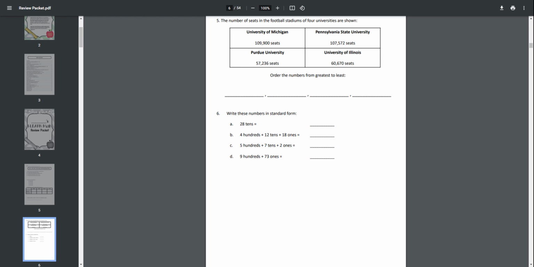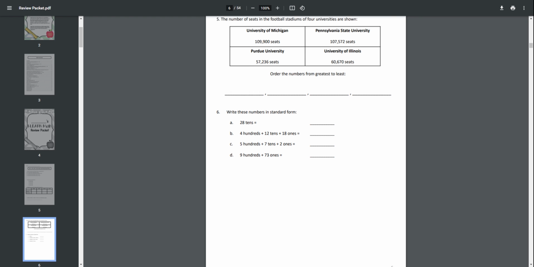So you have to take that 100 and add it on to the hundreds place. Then letter C, 5 hundreds plus 7 tens plus 2 ones. And letter D, 9 hundreds plus 73 ones. All right, then that is the end of the first worksheet.